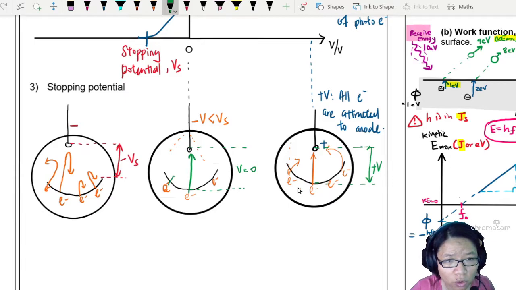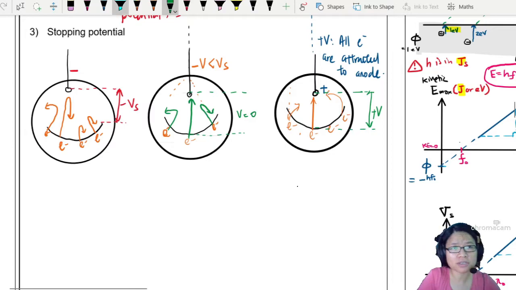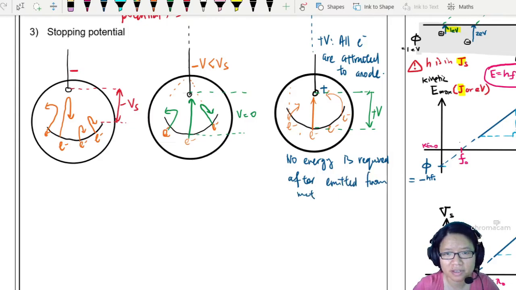Some of the electrons will go up, and some are like, maybe I can, not really, no. Whereas at this point, all electrons are attracted to the anode, and no energy is required after exiting, or after being emitted from the metal surface.